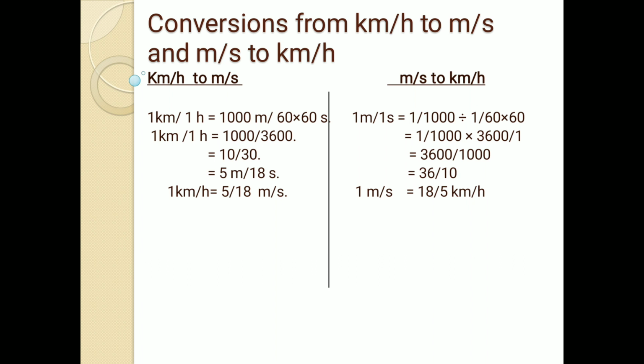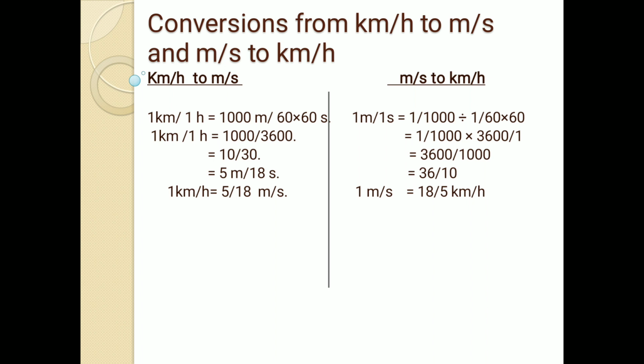We can take the numerator, and division becomes multiplication. So 1 divided by 1000 into 3600. Anyhow 3600 is in the numerator, no? So we can write 3600 divided by 1000. If we cancel two zeros, 36 divided by 10. Further if you simplify, 18 divided by 5 kilometer.